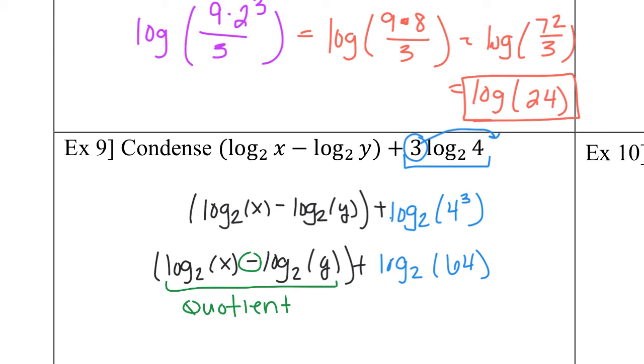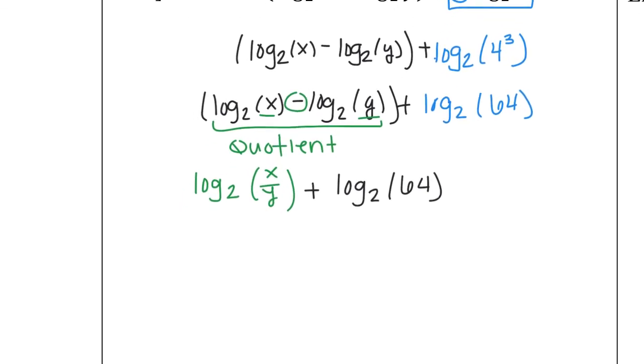That means I can combine these using division. So I'm going to have log base 2 of, the first one's my numerator, the second one is my denominator. Then plus log base 2 of 64. Now that the parentheses are taken care of, I can work left to right. I see that I end up with a plus. So this first log and the second log are going to use the product rule.